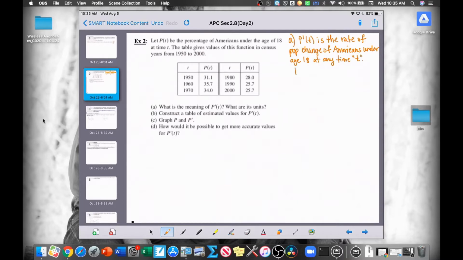And our units for this derivative, because we're talking about a percentage of Americans under the age of 18, would be percent per year.